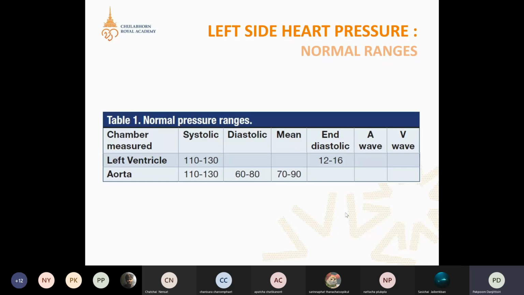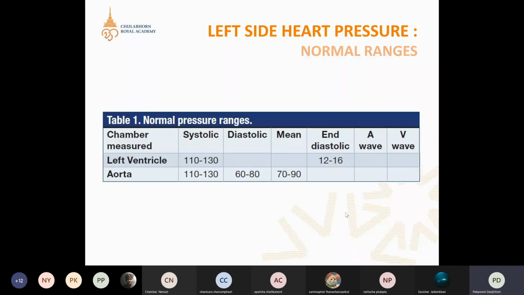I'm not sure that in the test you will see this kind of normal pressure ranges, because it depends on each textbook you can find; they are quite different about the normal values.